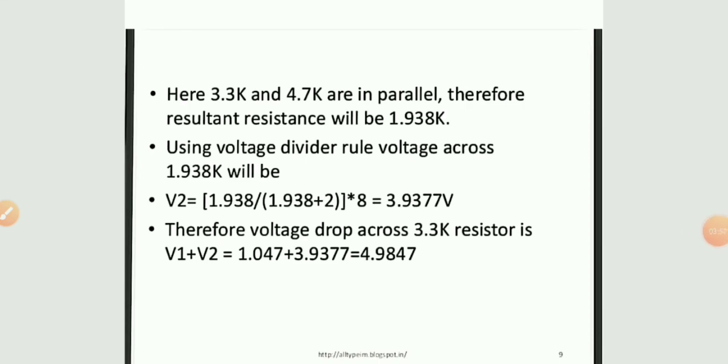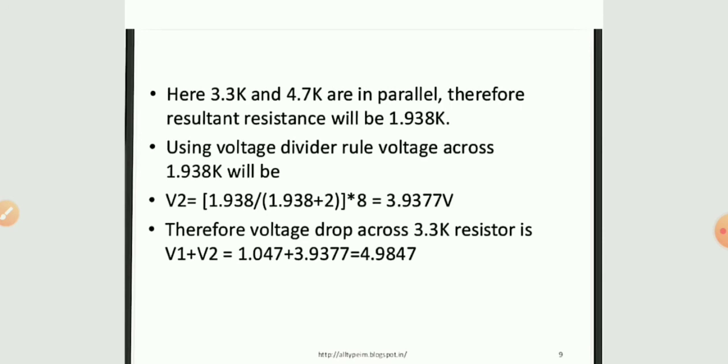I think you are understanding the topic better now. What are the steps for the superposition theorem? Consider only one source at one time in the first step, and then in the second step we remove all the voltage sources, meaning ideal voltage sources, with their internal impedance.